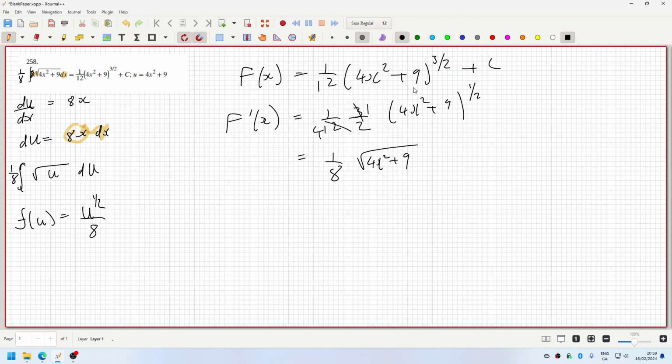Oh, and I forgot to multiply by the inside derivative, which is 8x. So that would be x root 4x squared plus 9. Yeah, okay, so that checks out as well.